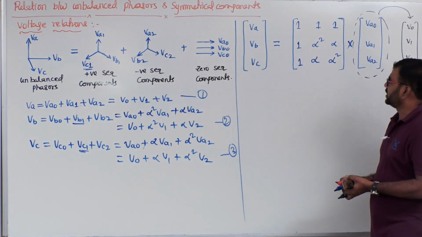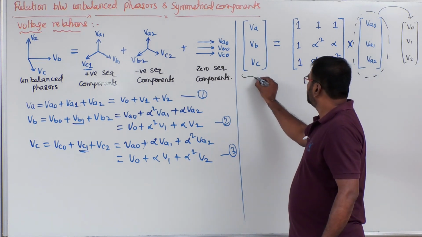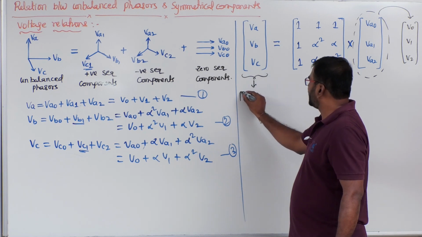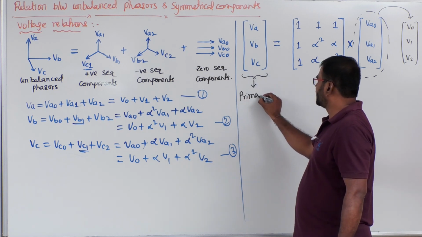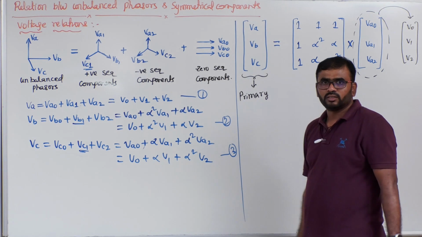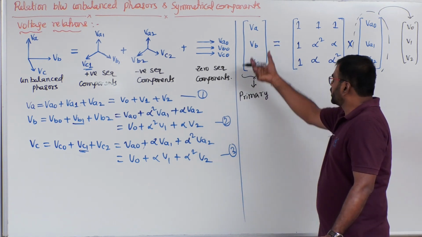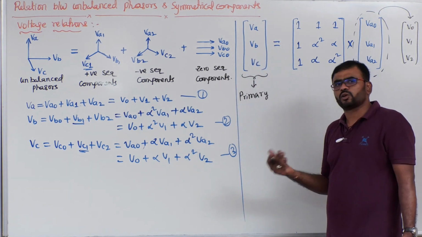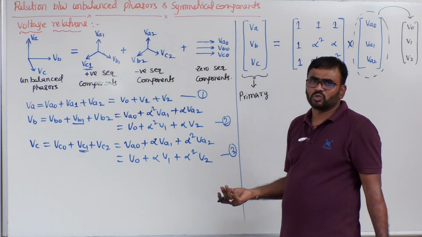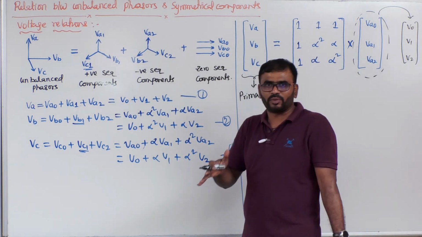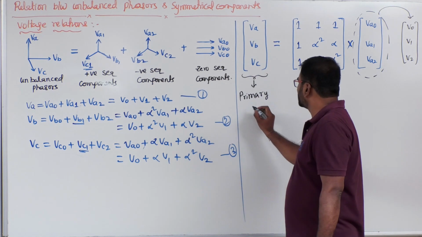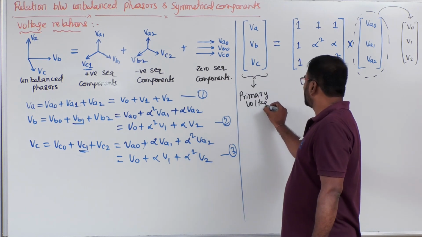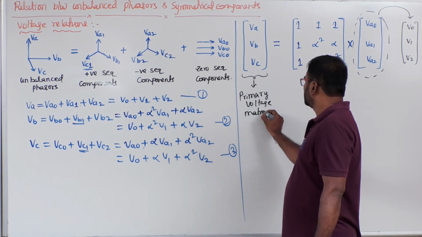Now let's see. So this is called the primary voltage matrix. Hey, don't think it is a transformer, primary, secondary, no. The original unbalanced voltage phasors are called the primary voltage matrix.